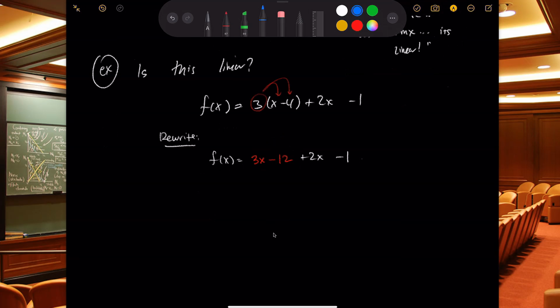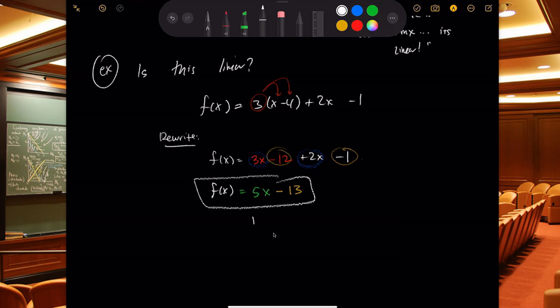And I'll combine some like terms. 3x plus 2x gives me a 5x. And then a minus 12 and a minus 1 gives me minus 13. So is this in b plus mx form? Yeah, it's in mx plus b form. Isn't that okay? Mx plus b is the same as b plus mx, right? So yeah, this is good to go.